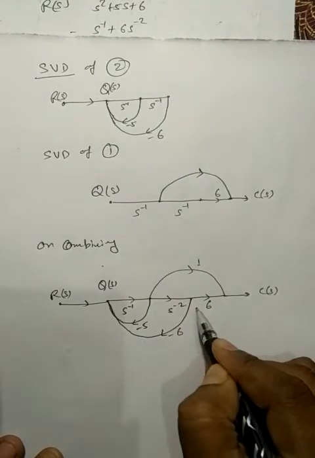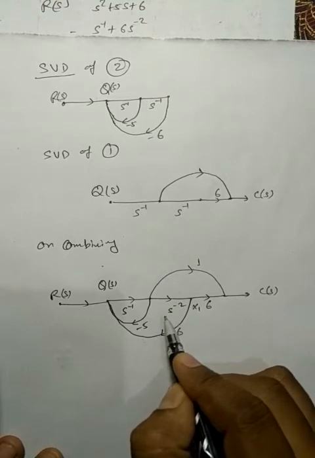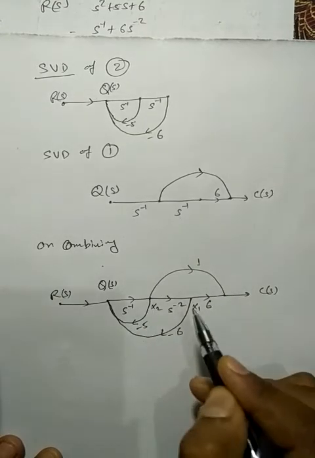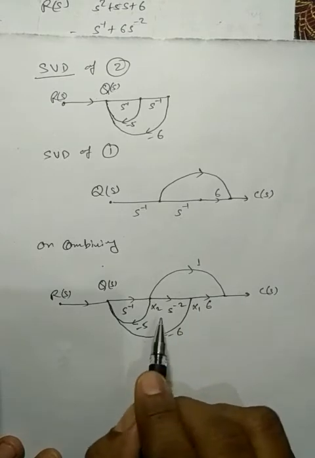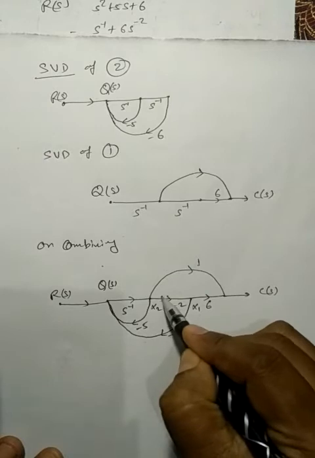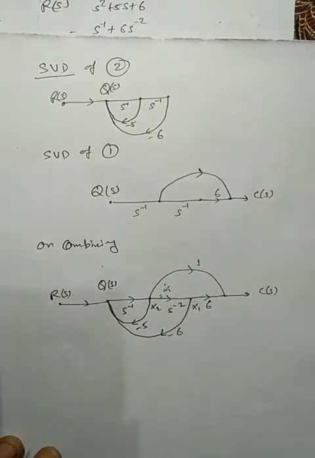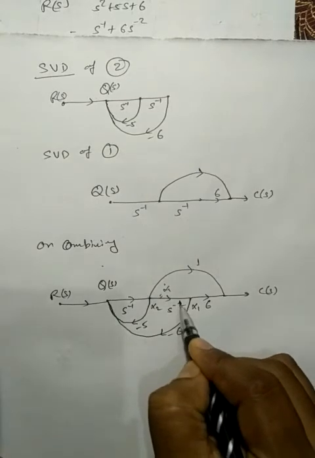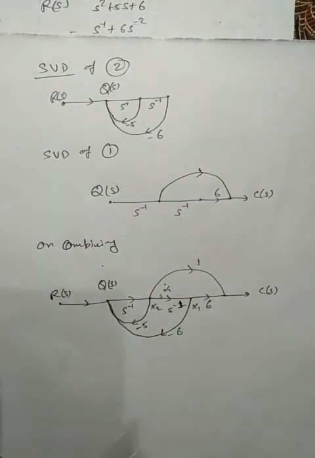here I am having x1. If here x1, then here I am having x2, and here I am having x2 dot. So x2 is equal to x1 dot. This is S inverse, right?